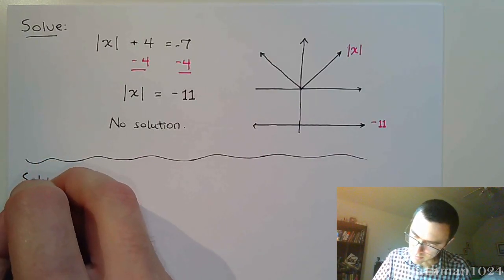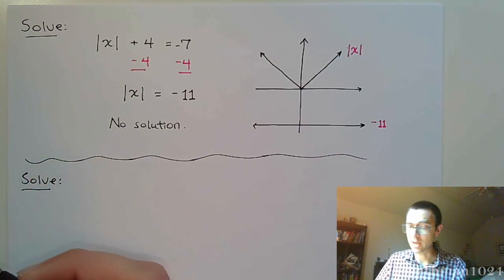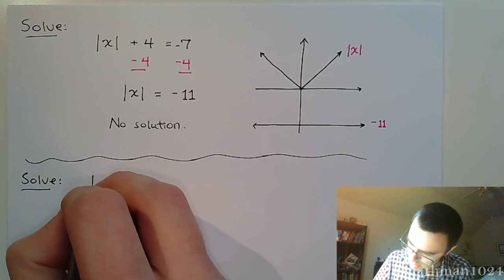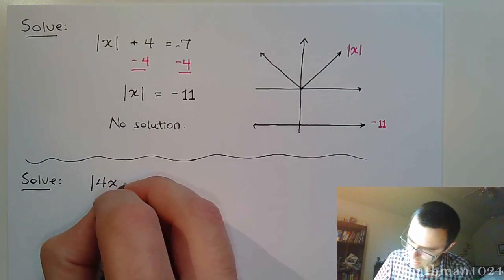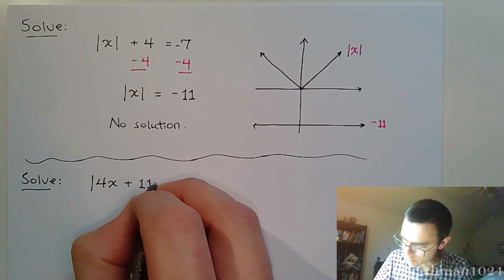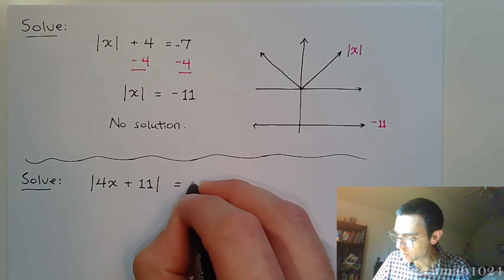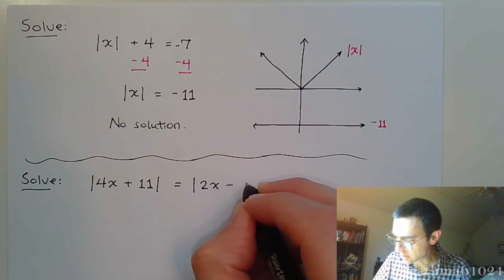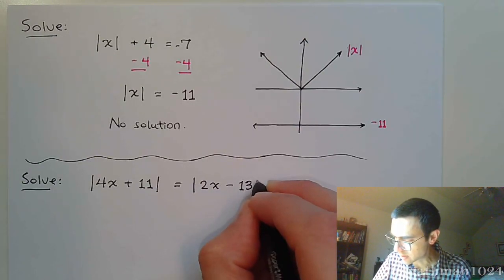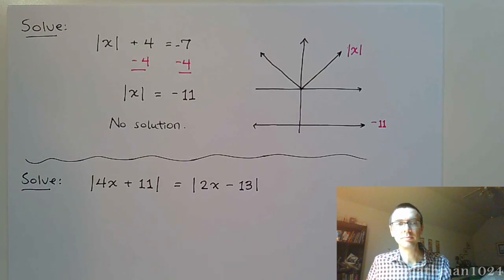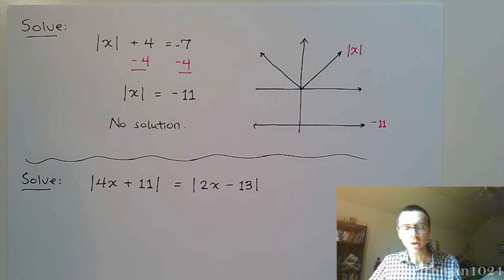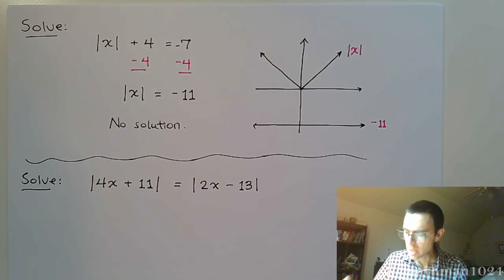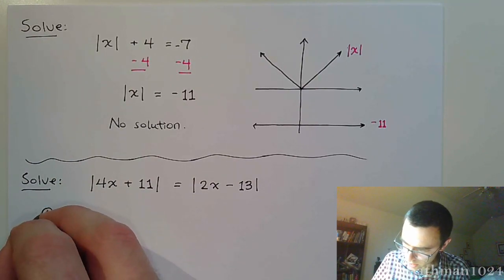So now that we have that weird guy out of the way, take a look at the absolute value of 4x plus 11 is equal to the absolute value of 2x minus 13. So one of the other statements that we made about these absolute value equations is that when you have two absolute values equal to each other, you break this down into your two equations.